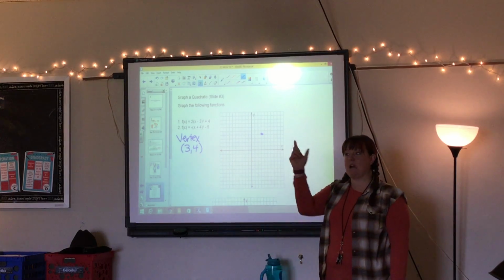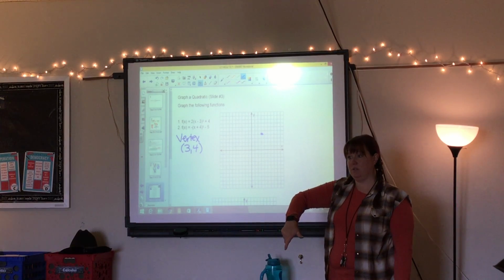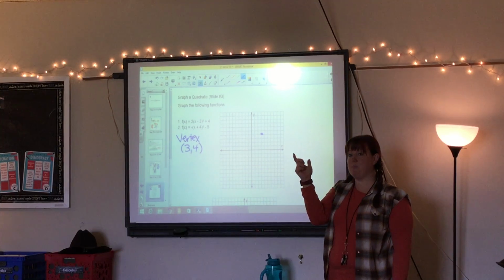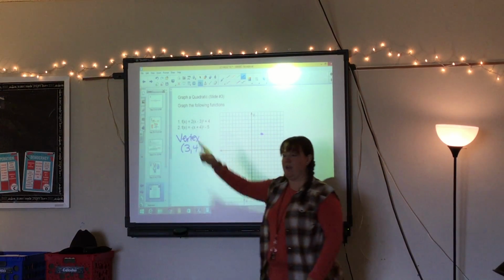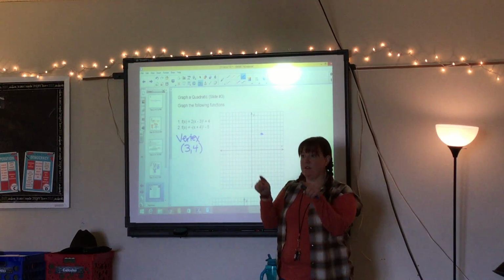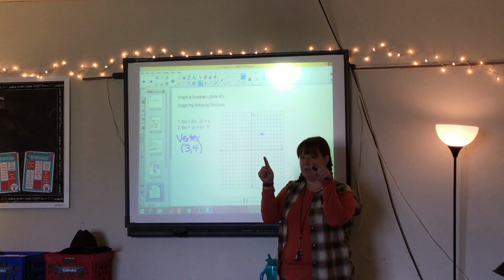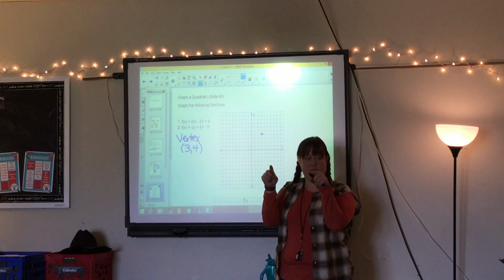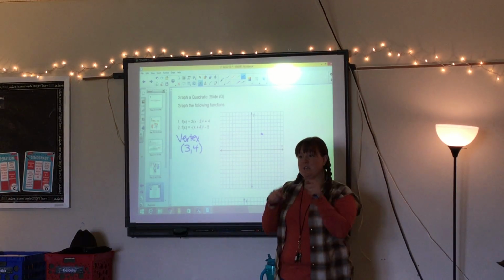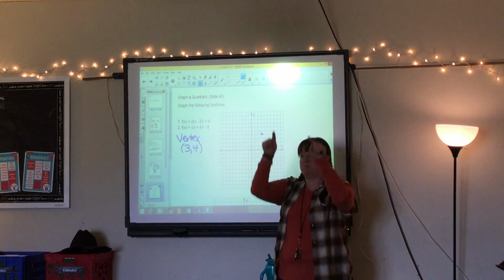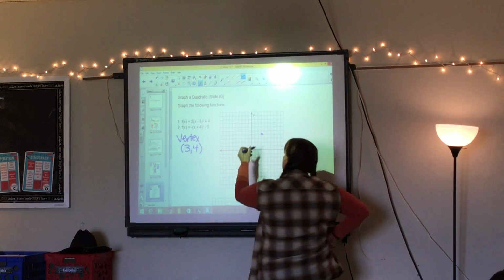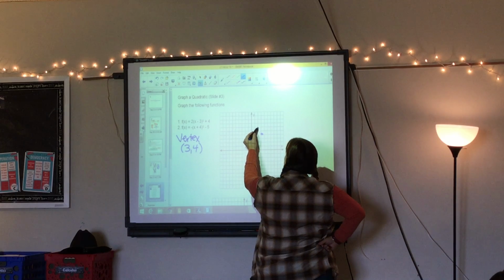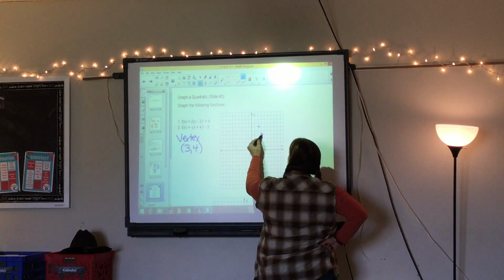Now, does this one face up or down? Up, because it's a positive number in front. Is it the regular up 1, over 1? Nope, it's going to be skinnier because it's got a 2 in front. So we go over 1 and up 2 instead of over 1 and up 1.